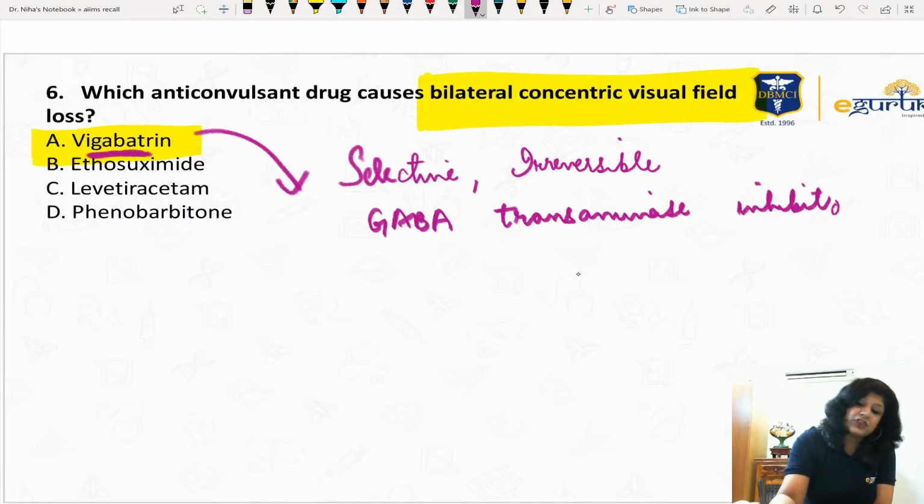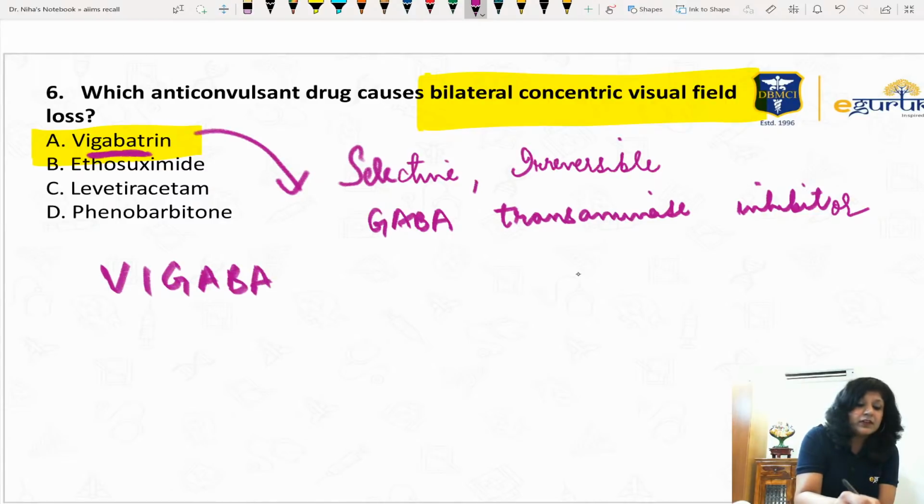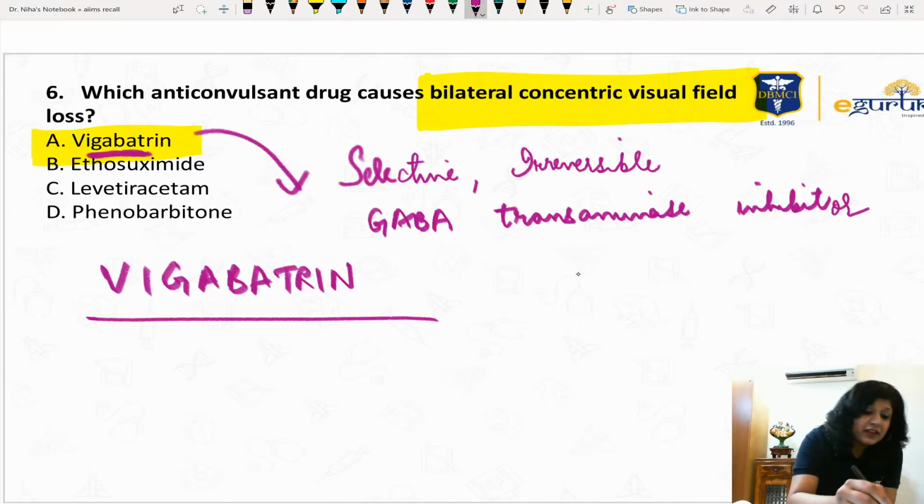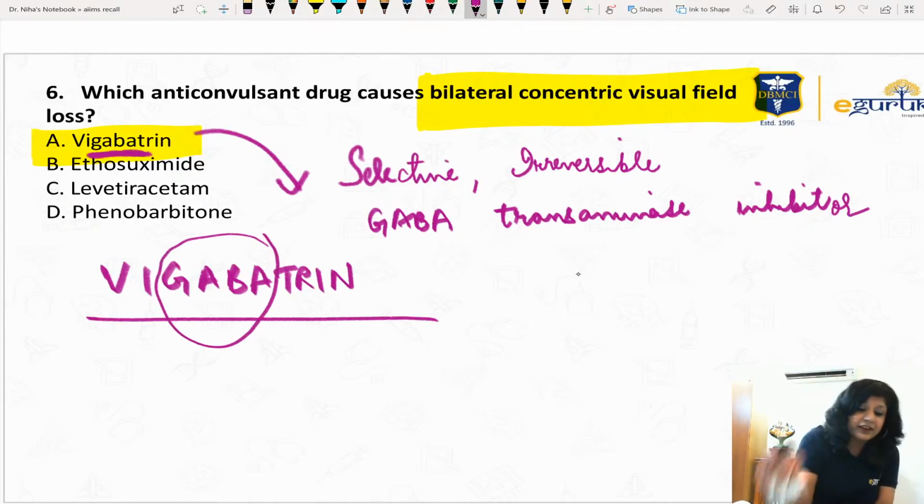So this information is given in the name itself, it is vigabatrin. So I think this is a good way of remembering the things, because most of the times in exams there's a problem in recalling. So see, this word GABA is already given here. R for reversible, we are having I also, so this makes it irreversible.